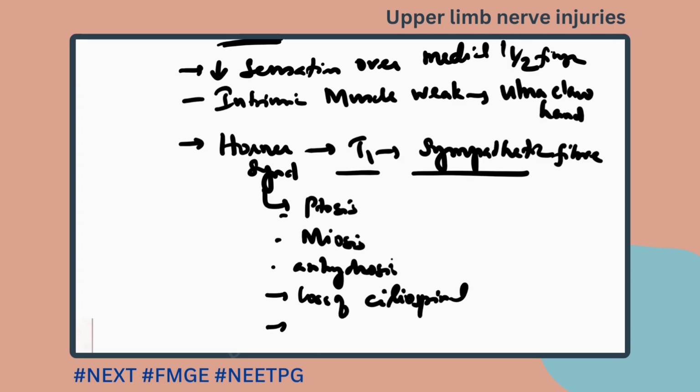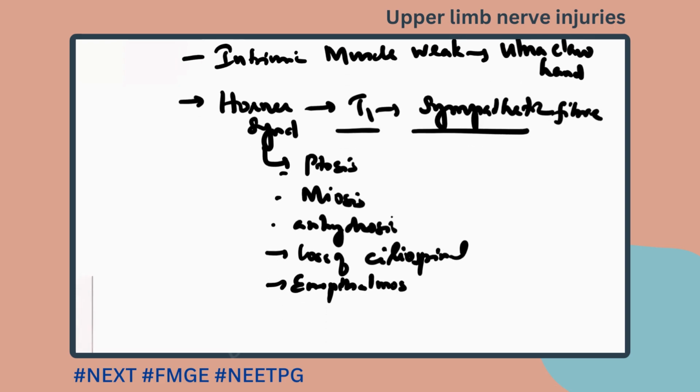So all these features are seen in Horner syndrome. So whenever there is Klumpke's paralysis, there is chances for Horner syndrome to happen together.